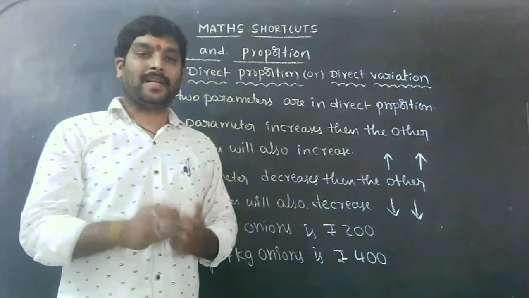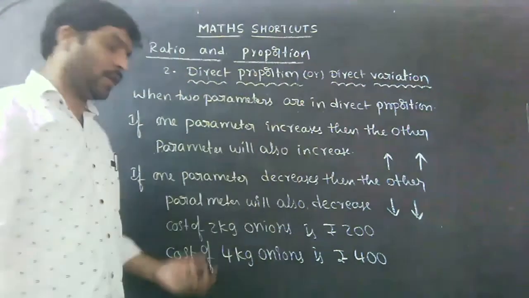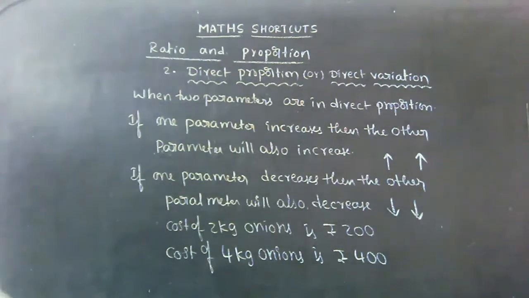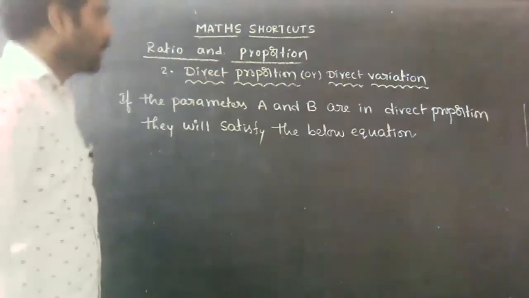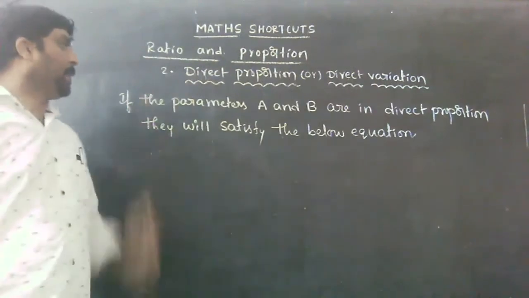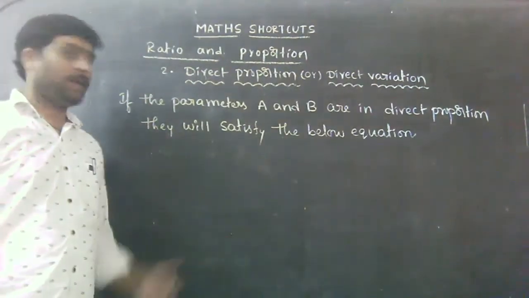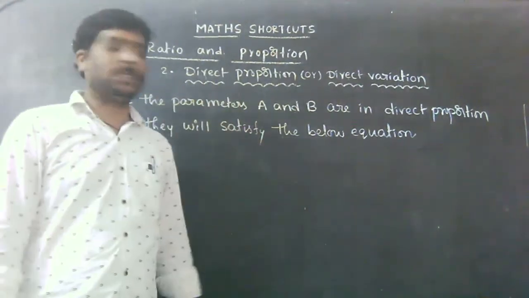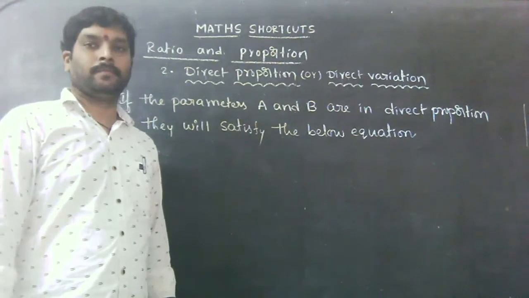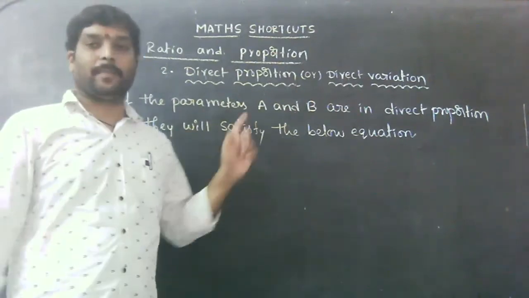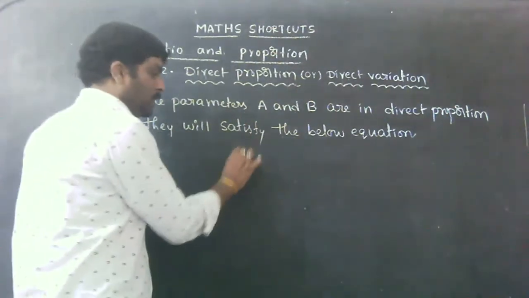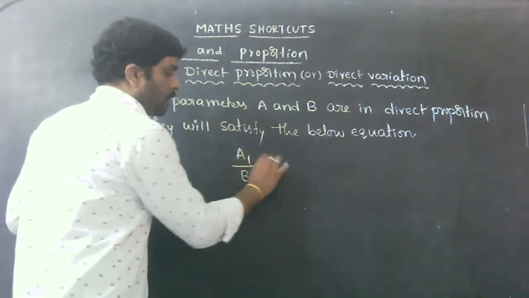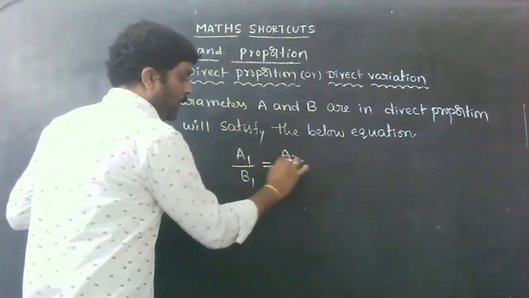Okay, let us see the condition. If A is one parameter and B is the other parameter, and the two parameters are in direct proportion, then they will satisfy the below equation. That equation is the ratio A1 by B1 equal to A2 by B2.